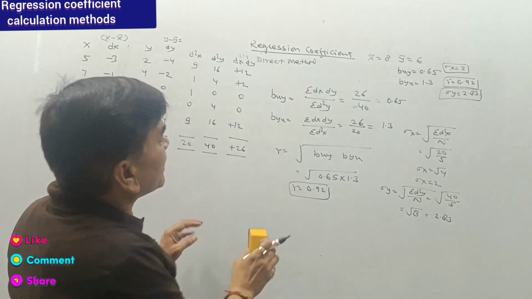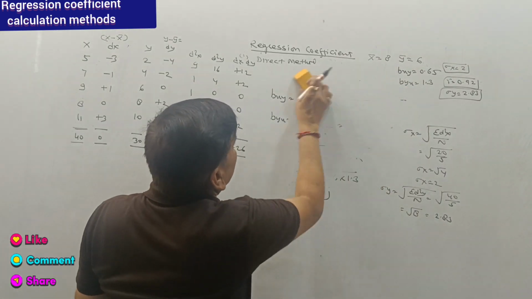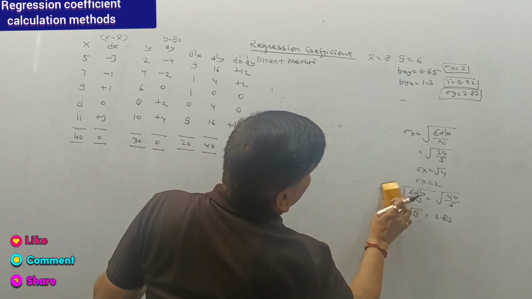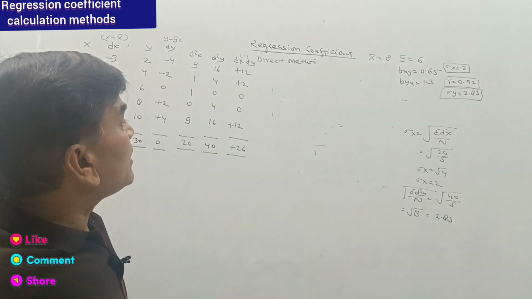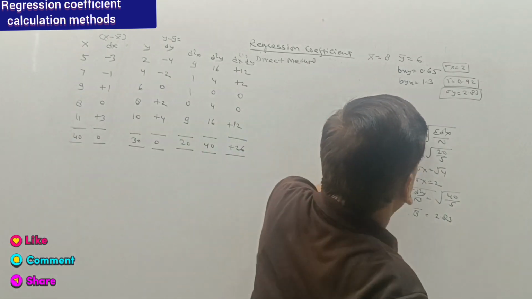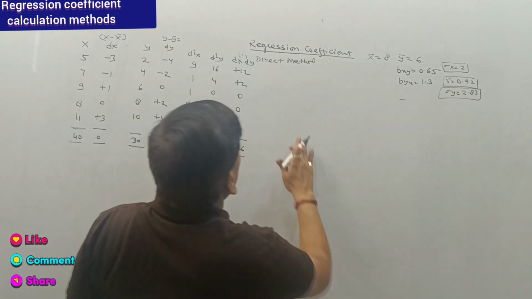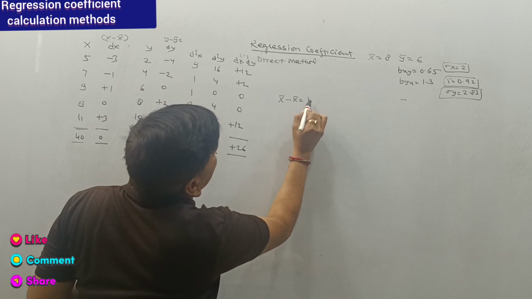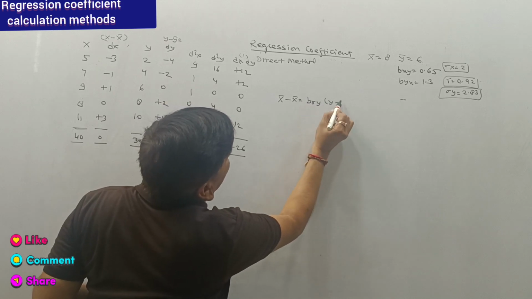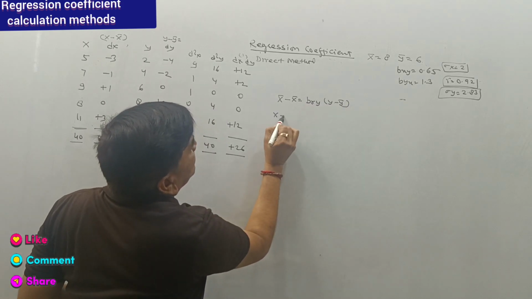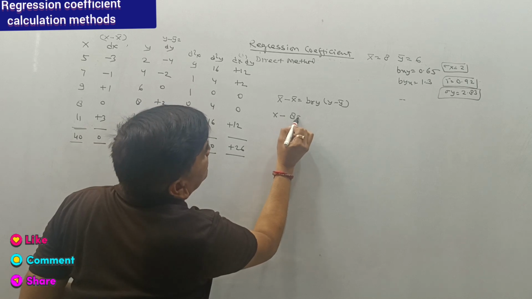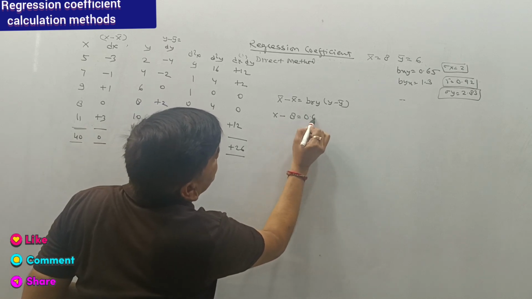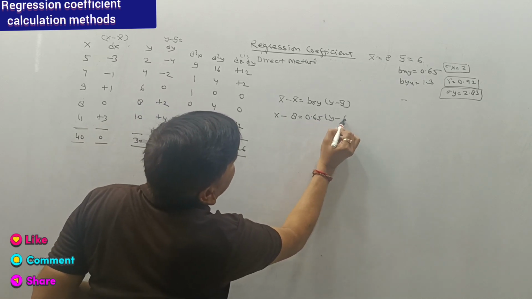With the help of the direct method, x on y and y on x can be calculated, no problem at all. We only have to put the values in the formula for x on y or y on x. So x minus x bar is equal to bxy times y minus y bar. x bar is 8, bxy is 0.65, y bar is 6.